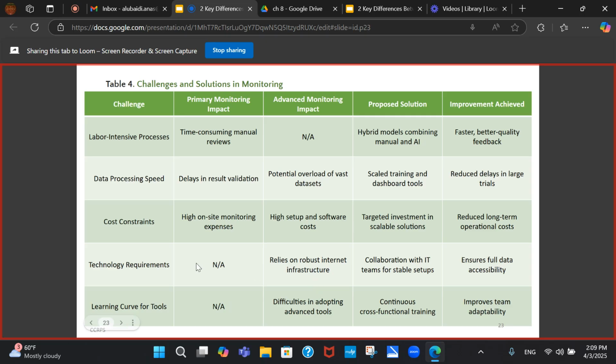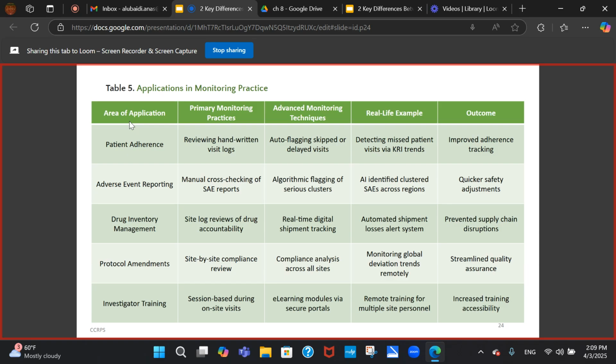Table 5, applications in monitoring practice, area of application, whether patient adherence, adverse event reporting, drug inventory management, protocol amendments, and investigator training. And we have for each how it applies, whether primary or advanced monitoring, a real life example for each, and the outcome for each.